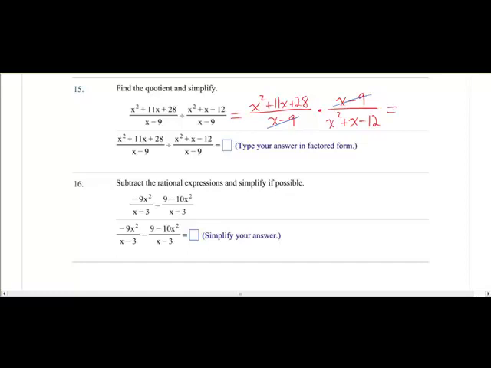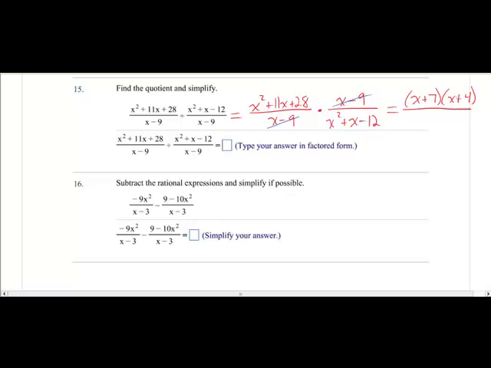Now that they're gone, let's focus on factoring the other two polynomials. This trinomial up here is factorable because 7 times 4 is 28, and 7 plus 4 is 11. So this can factor to x plus 7 times x plus 4, over, now let's look at this trinomial down here.